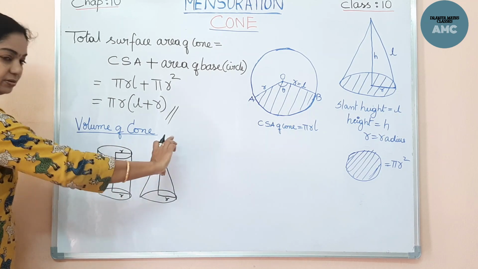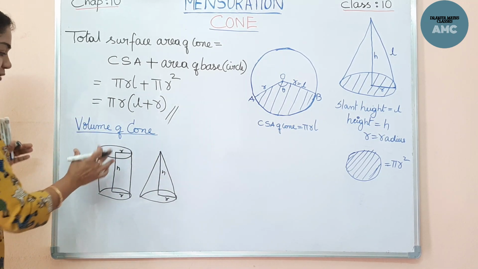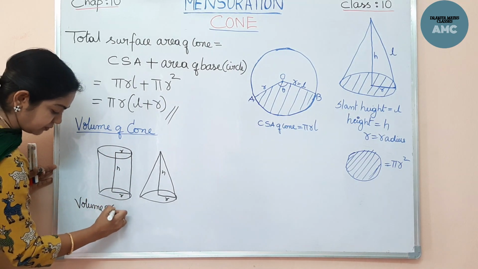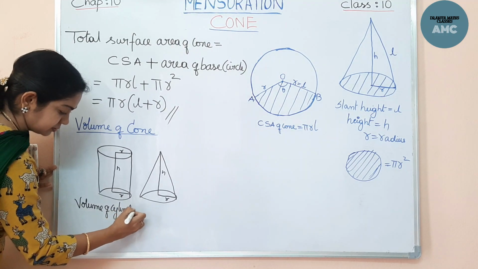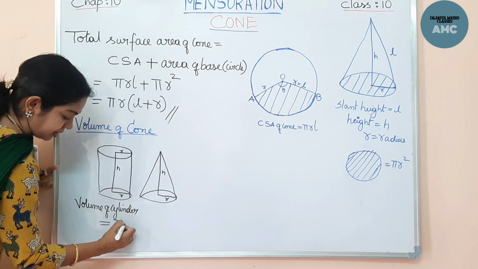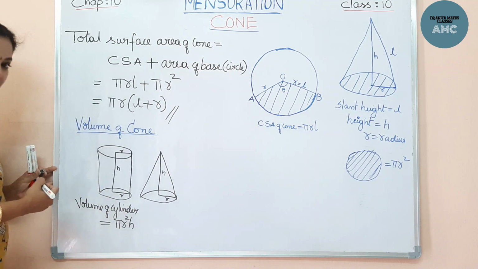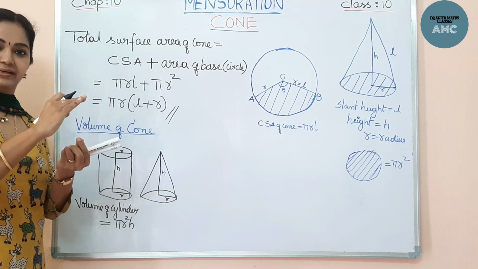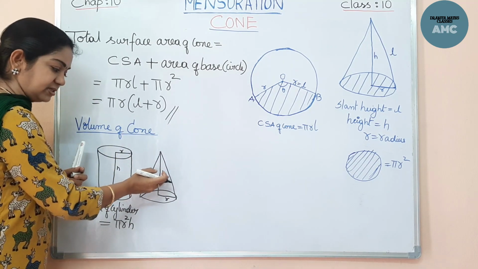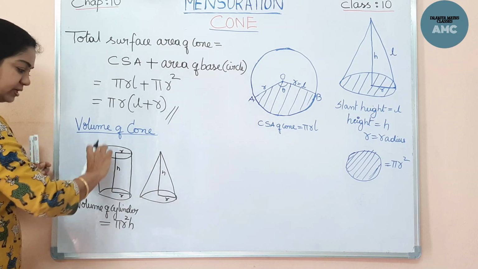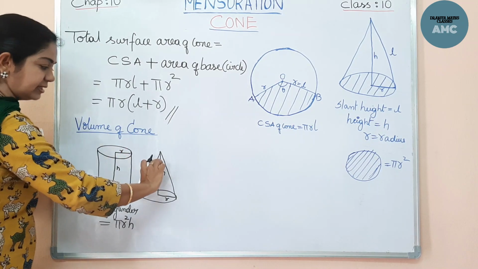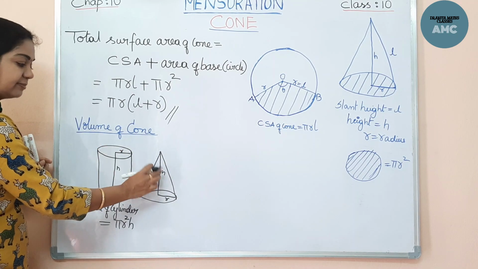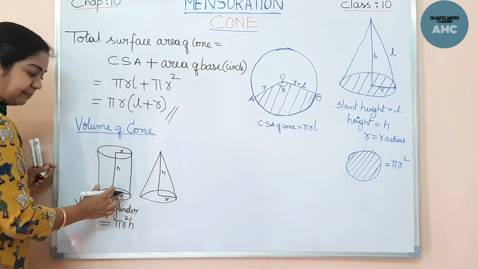If I take both a similar cone and a cylinder, we know the volume of the cylinder. What is the volume of cylinder? We just found out, this is pi r square h. Now if I fill this cone with sand and pour it into the cylinder, it is seen that we need 3 times the cone to fill the complete cylinder.